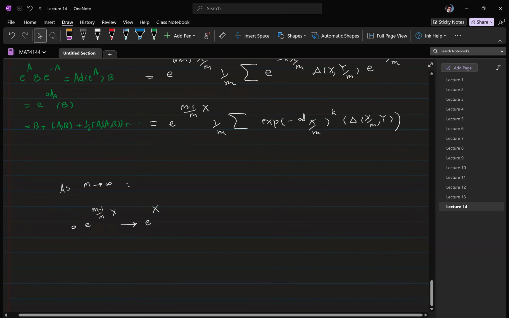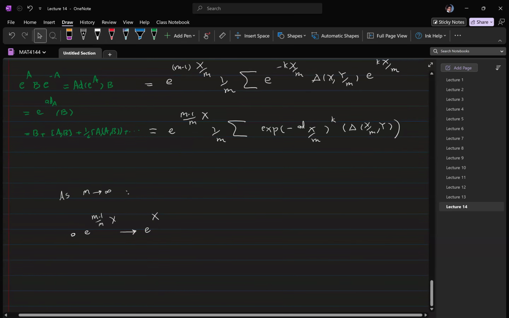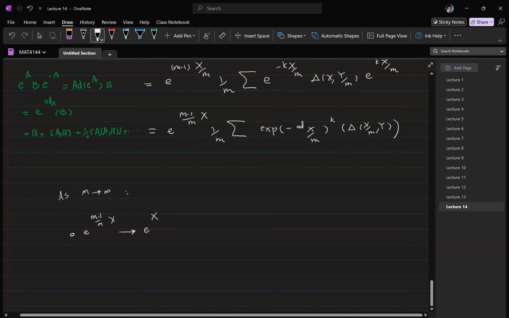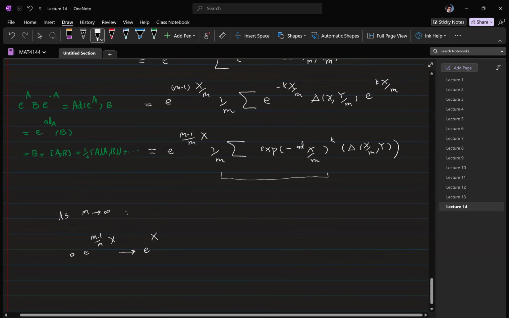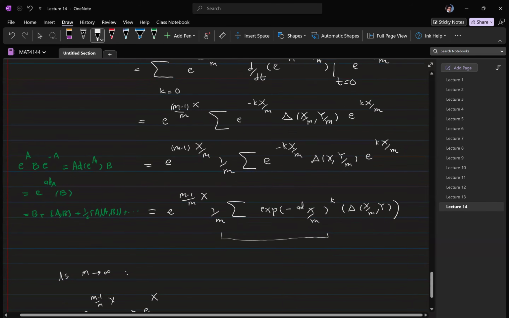And the second thing is that here I have this summation. This is the same summation as the lemma with the operator z being this e to the minus add x over m.